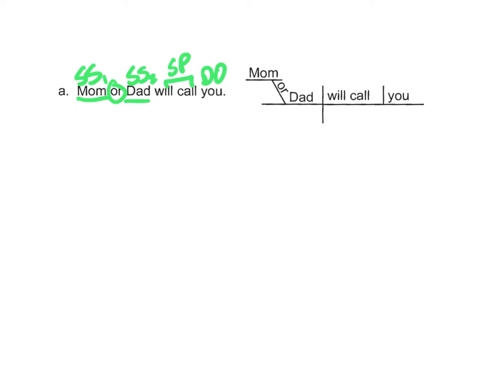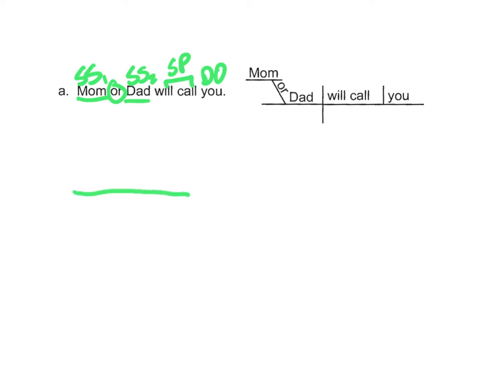Now the diagram over here is messed up. They know that mom or dad are somehow the simple subject, because they have it to the left of that line. We know that or connects them, but a conjunction is always on a dotted line, so we know that was wrong. The will call and you look correct. So let's diagram this correctly down below.